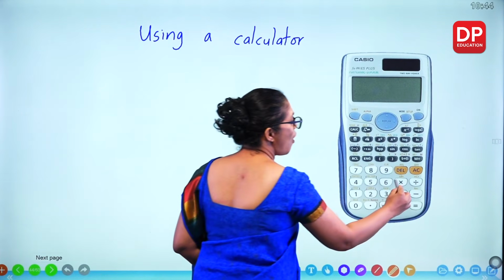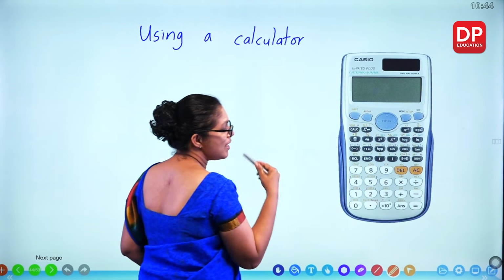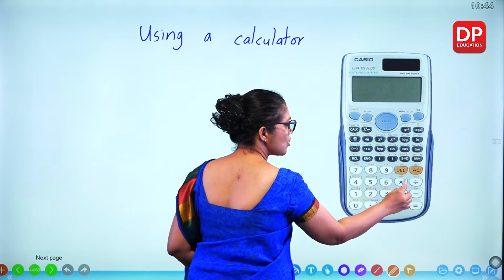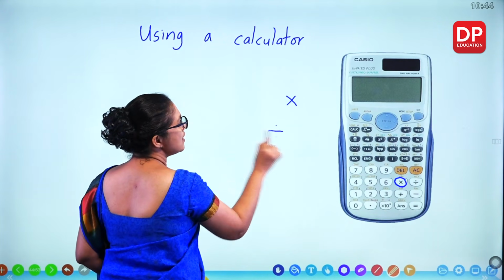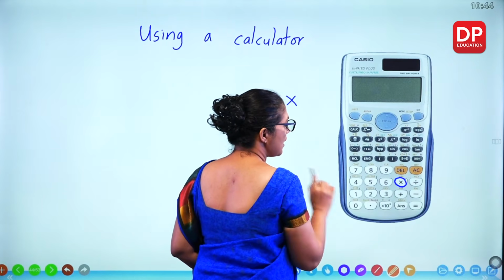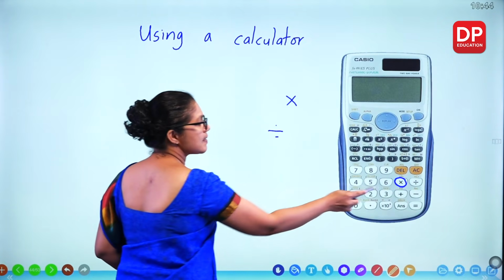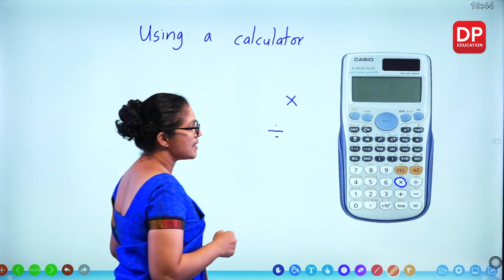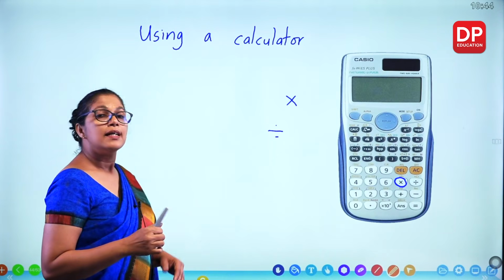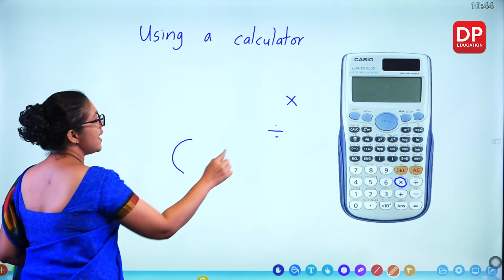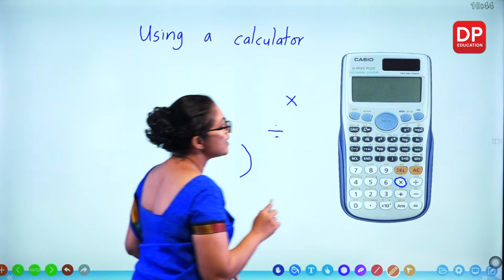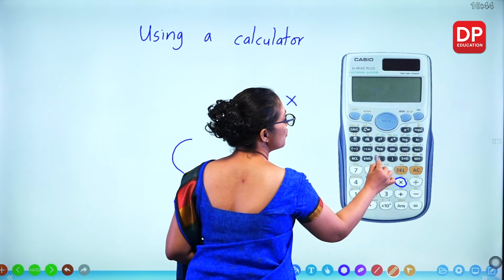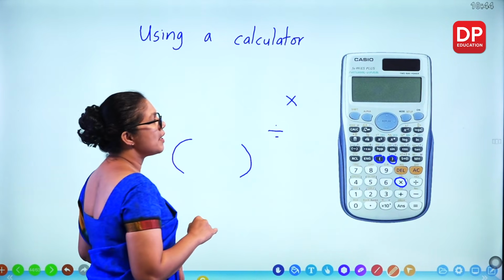These functions are the same in all calculators. Multiplication is this button, division is this one, addition is plus and subtraction is minus. When you get a big expression, sometimes you need to put brackets. These two keys give you brackets.